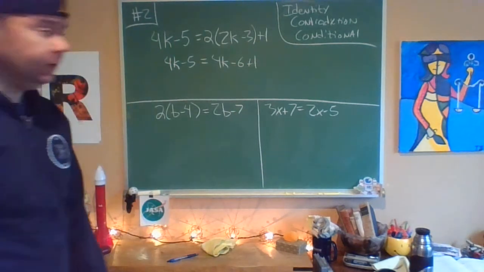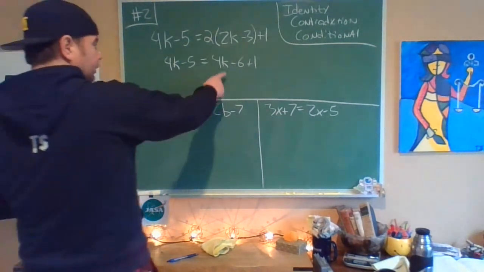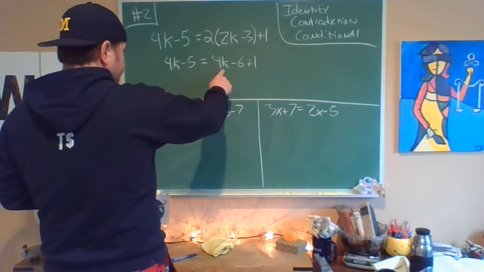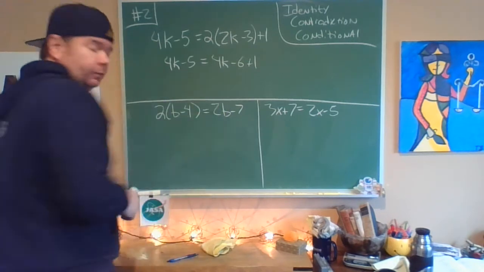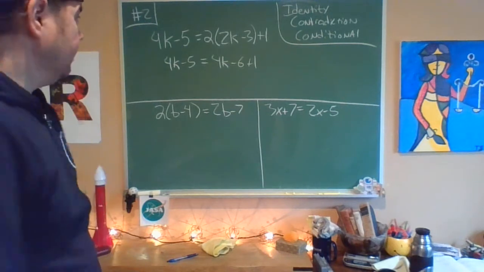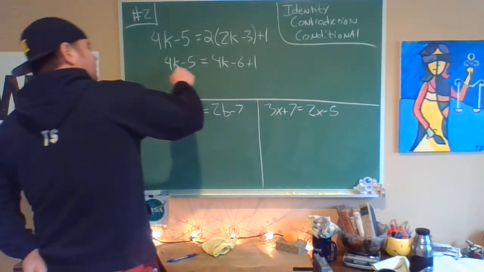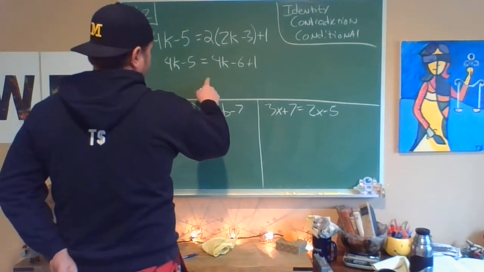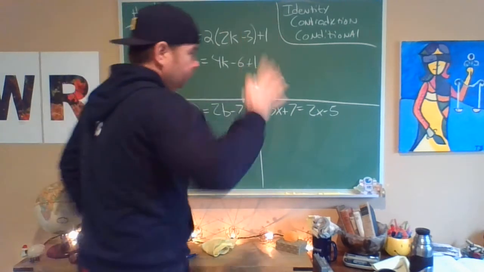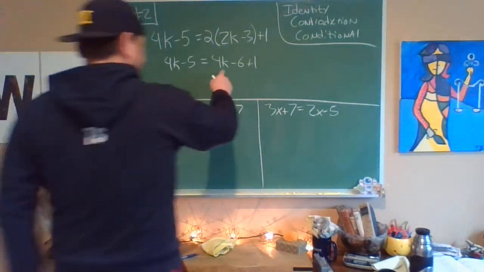Okay, great. Now, if I were trying to solve this equation, what I would do is subtract 4k from both sides, because I'd be trying to get the like terms all together. But you notice if I take a 4k away from here and a 4k away from here, all the variable terms disappear, and all I'm left with is constant terms.